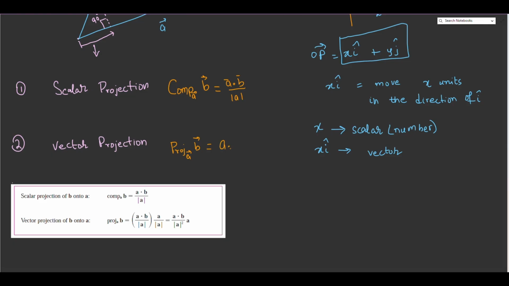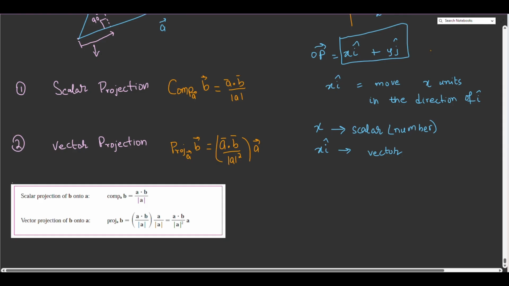It is given by the dot product of A and B divided by the magnitude of A squared, and it is multiplied with the vector A. So this is called the scalar projection of the vector B in the direction of A, and the vector projection of the vector B along A.